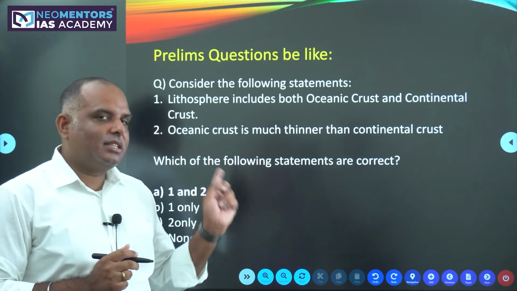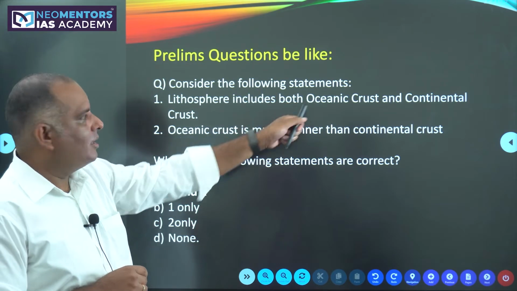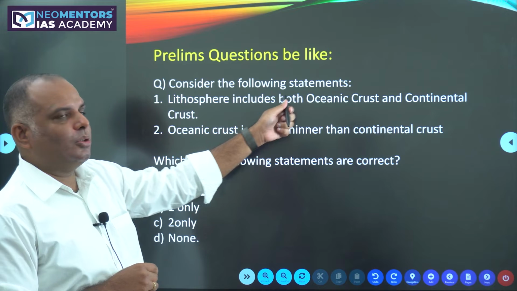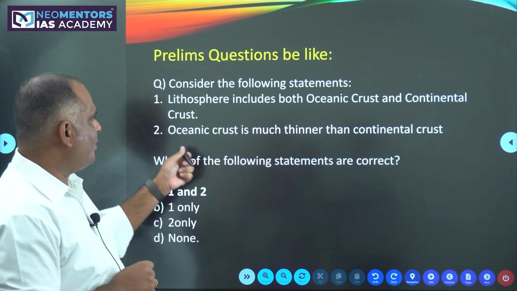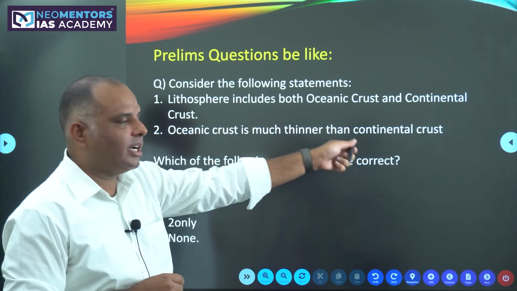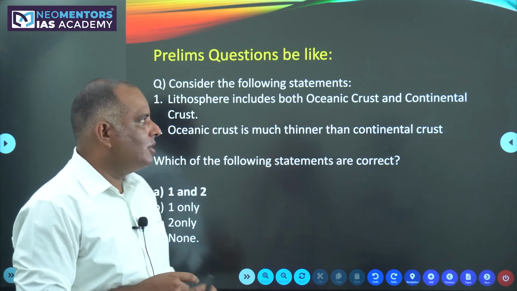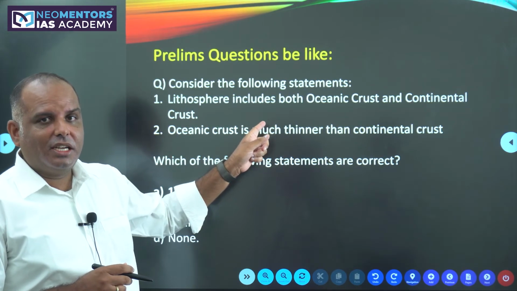Okay, let's discuss this question. Consider the following statements. Lithosphere includes both oceanic crust and continental crust. This is the first statement. The second statement: oceanic crust is much thinner than continental crust. The first statement is true because we discussed earlier that it includes both.